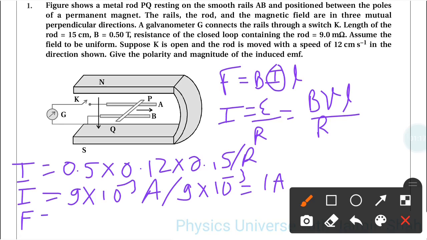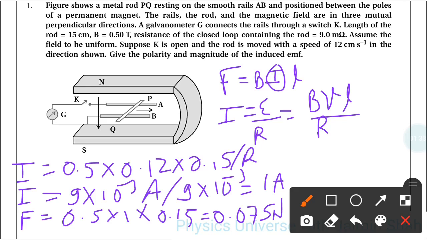Now putting that value in the force formula, 0.5 into 1 into length 0.15, so that is 0.075 Newton. That is the magnitude of the retarding force.